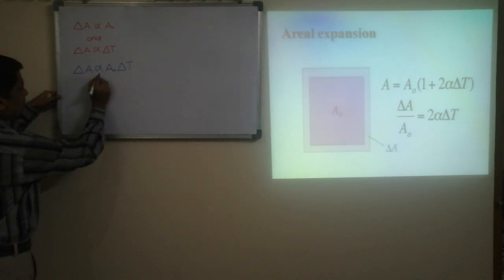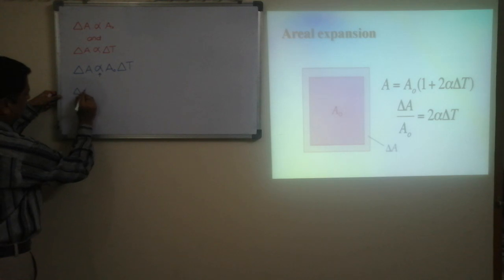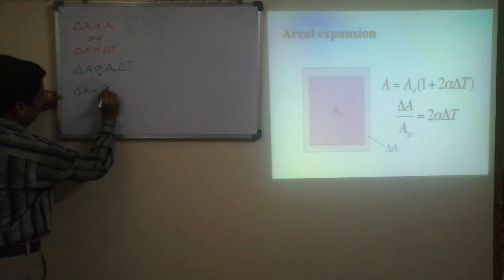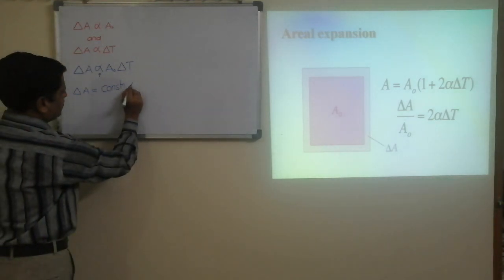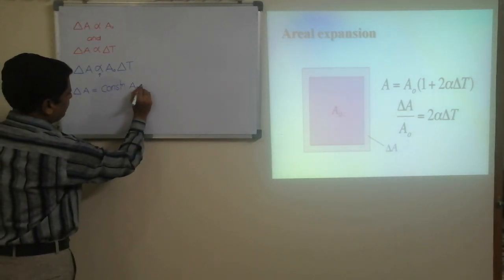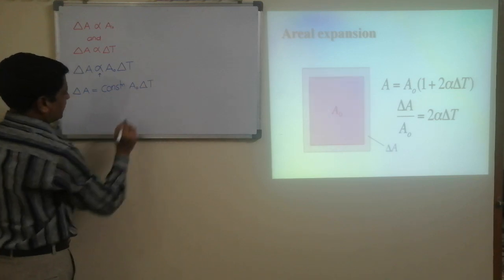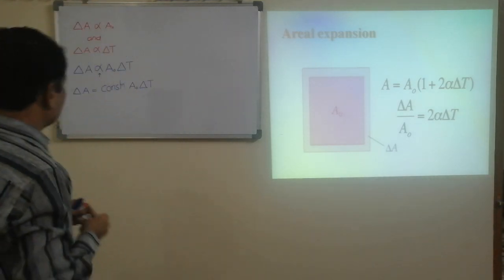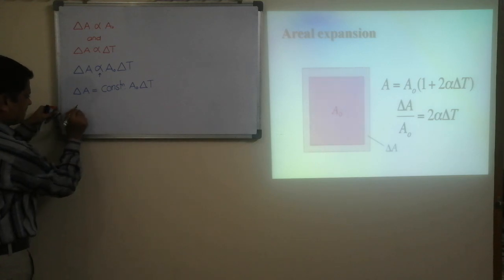To remove this proportionality sign, we have to add a constant. So we write the increase in area is equal to a constant into initial area into change in temperature. This proportionality constant, C, is written as beta.